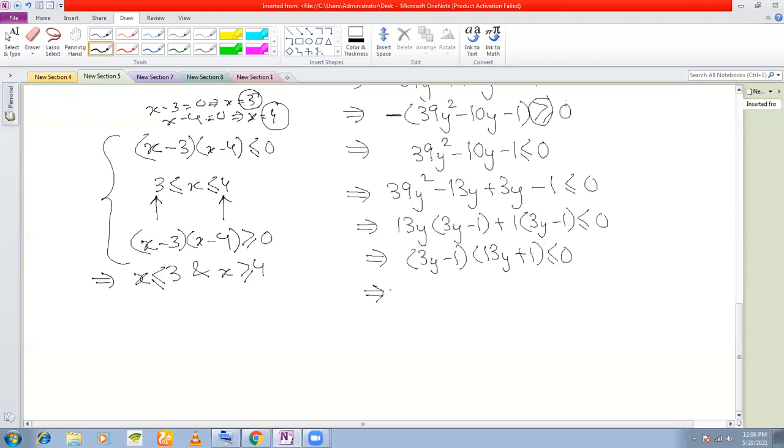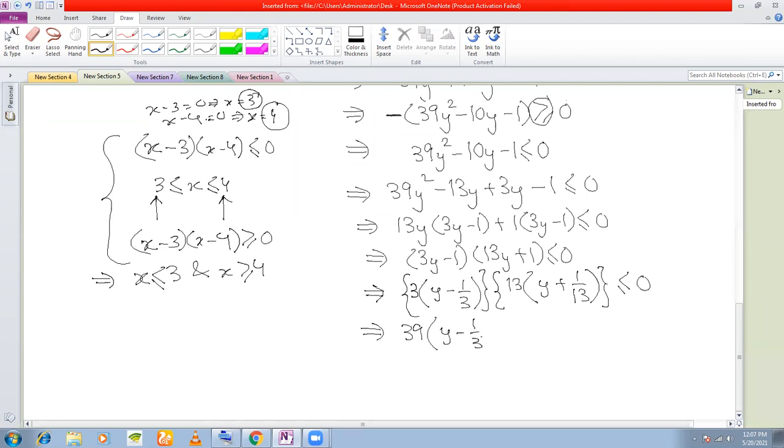What we are going to do here first is take 3 out of this to get this as y minus 1/3, and 13 we are going to take out of this to get y plus 1 by 13, less than or equal to 0. So we're getting 39 times y minus 1 by 3, and here y plus 1 by 13 I can write as y minus, 1 by 13.